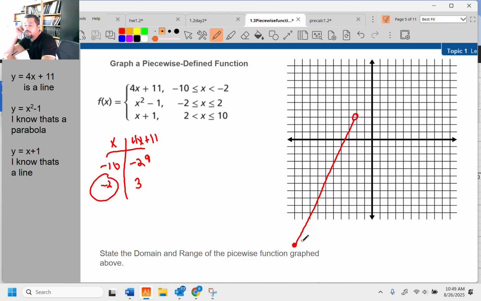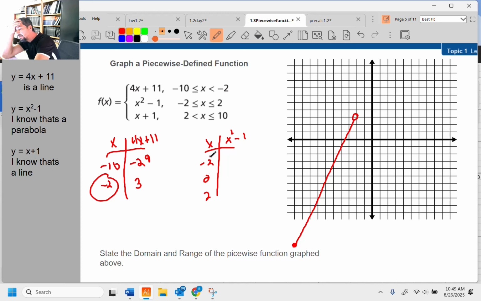x squared minus 1 from negative 2 to 2. Let's see what happens. And by the way, this should look like a parabola, right? Now, here's one exception to just plugging in the two endpoints. If you're going to cross the y-axis, put a 0 on your table. We'll plug in from negative 2 to 2, and we'll put a 0 in the middle.